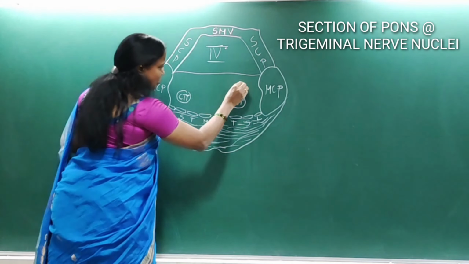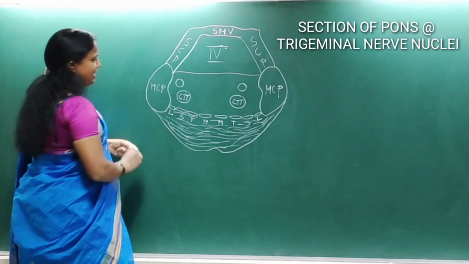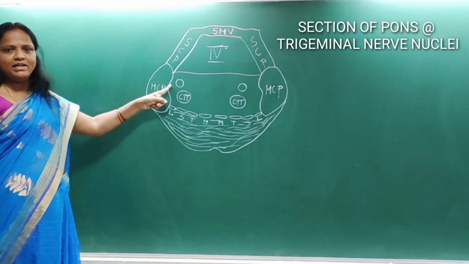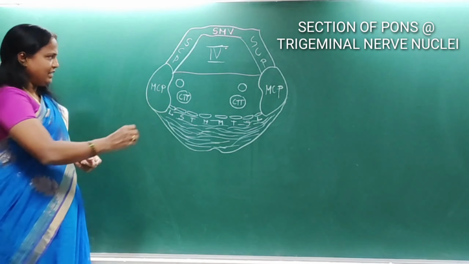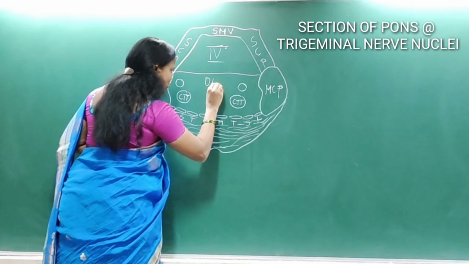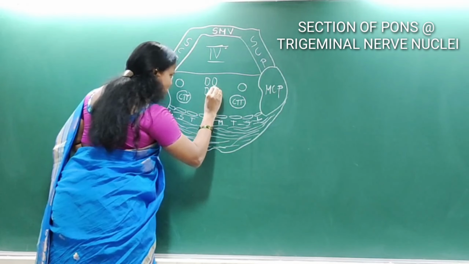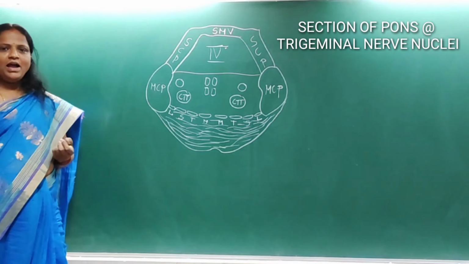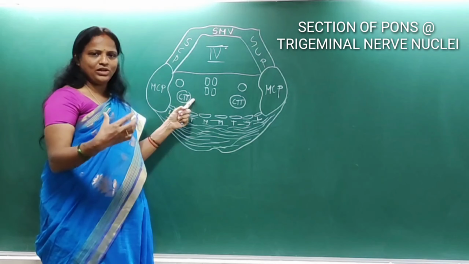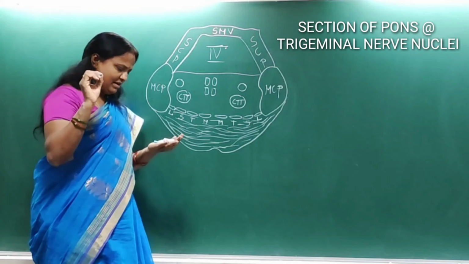There is one more, the dorsal trigeminothalamic tract, on the posterior aspect. And in the medial part, this is the medial longitudinal fasciculus and this is the tectospinal tract. And the rest of it, as I already mentioned, various nuclei of the trigeminal nerve.